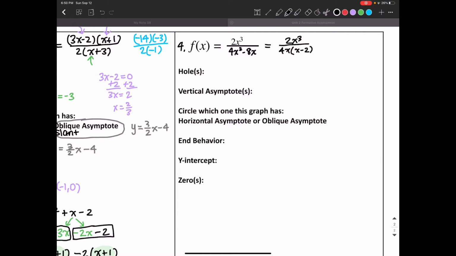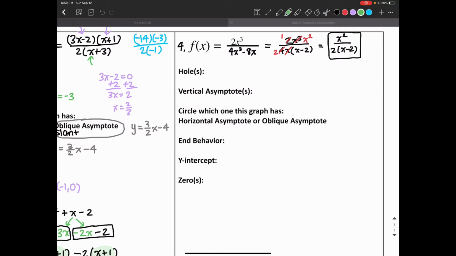Then I can see that the 4 is going to cancel with the 2 and the 4 will become 1 over 2, and I can get rid of an x, so I'll have x squared and an x in the bottom. I'll end up with x squared over 2 times x minus 2. So this is my final equation that I'm going to use to find my important info.